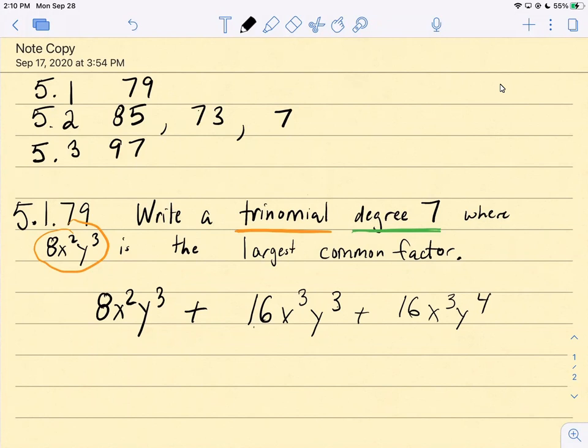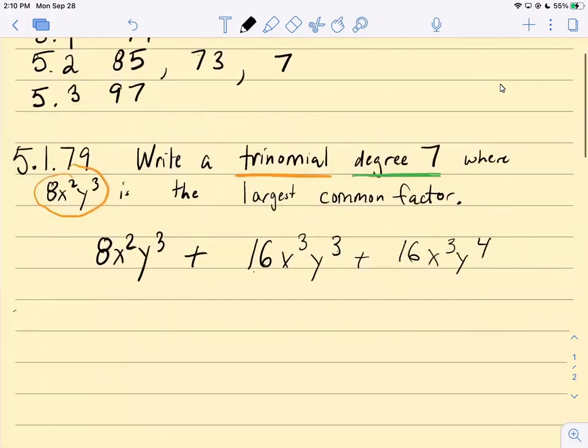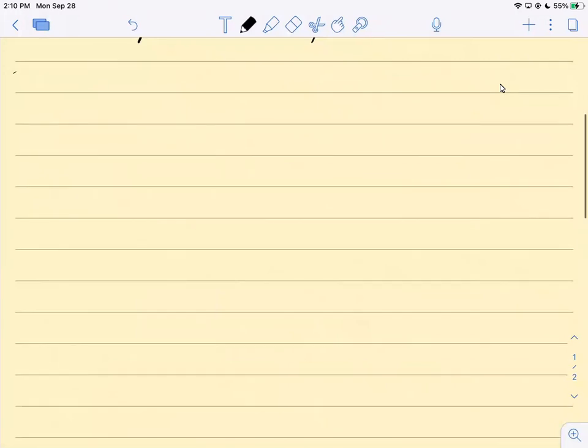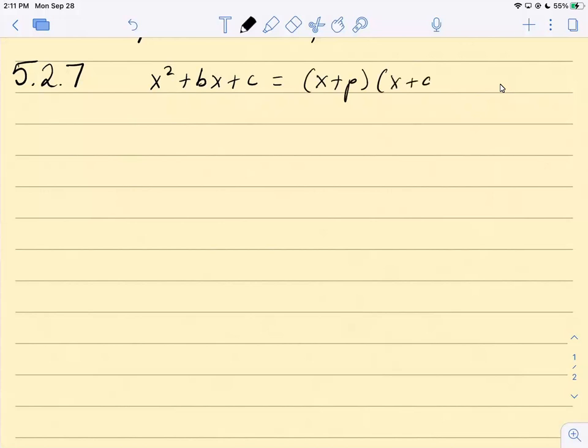So this is 5.2. So assume the following. This is a really nice exercise. x squared plus bx plus c can be factored as x plus p times x plus q.